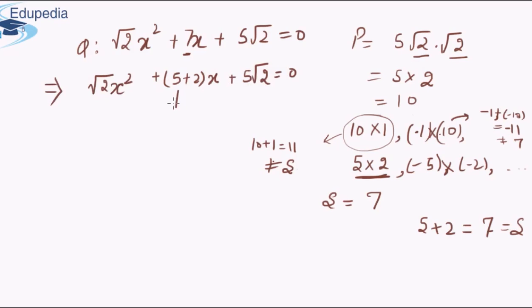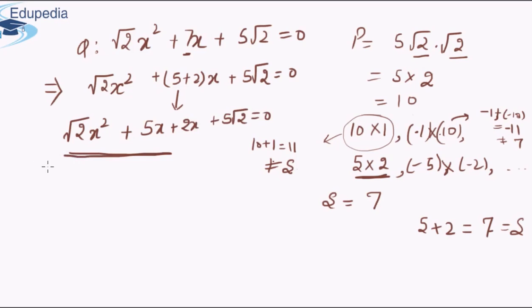Now decomposing these brackets into two terms, we get √2x² + 5x + 2x + 5√2 = 0. From the first pair, we can take x common and are left with √2 into x.